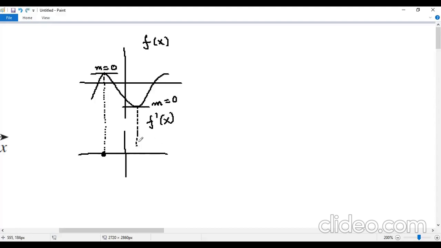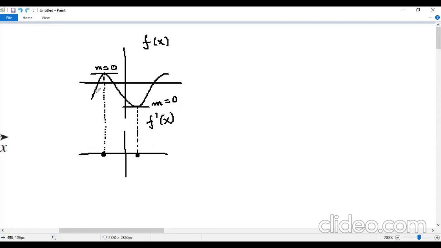And actually, let's get that to be a little more straight. Now we want to think of these points as separating regions. Everything to the left of this point is a region, everything to the right is a region, this is also a region, and this is also a region.